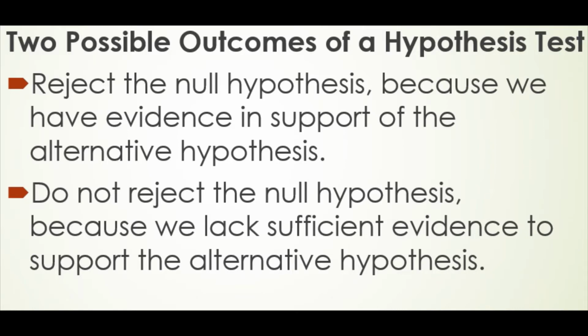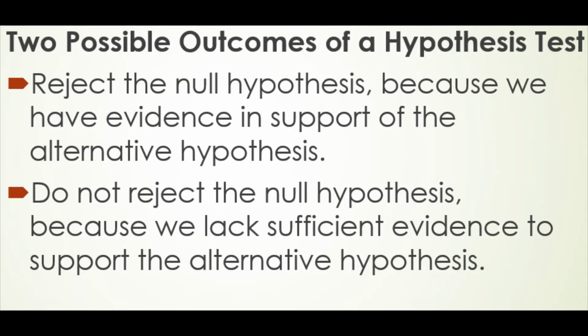The other possible outcome is that we do not reject the null hypothesis because we lack sufficient evidence to support the alternative hypothesis. Now notice here that we don't ever accept the null hypothesis. We don't prove the null hypothesis. We either reject it or we don't reject it.